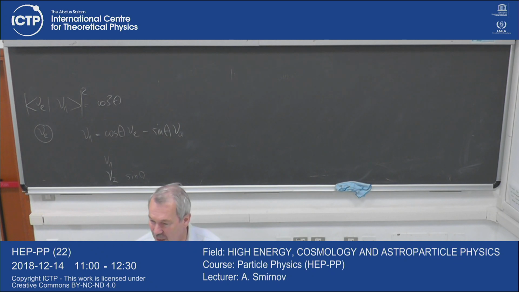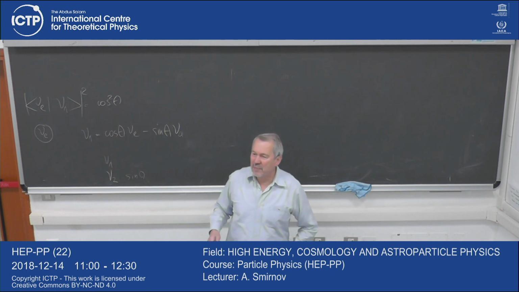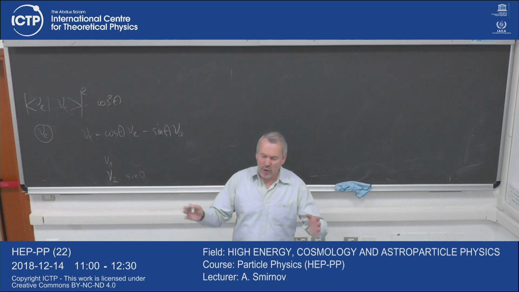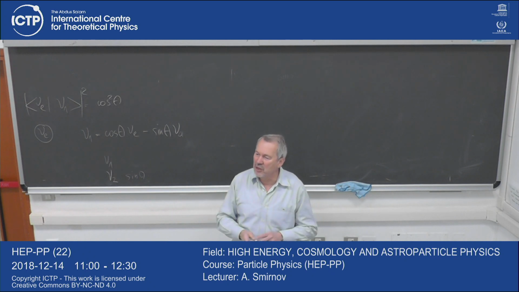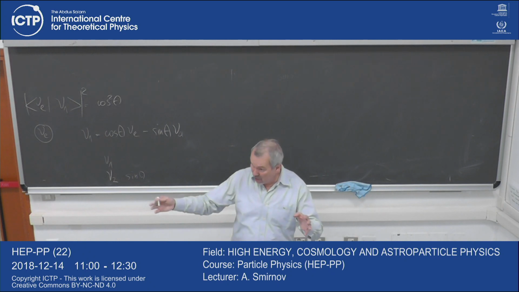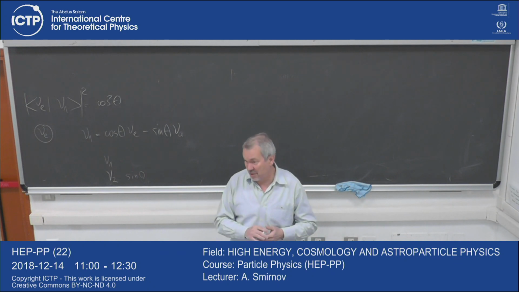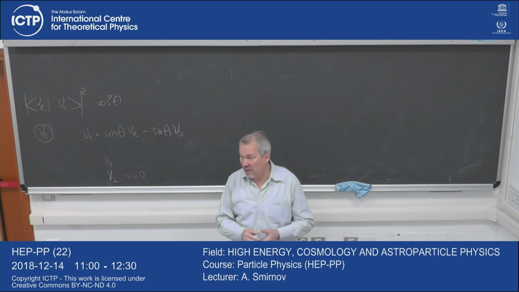That has some relevance if you have heavy neutrinos, and people are discussing that maybe there are some new neutrino states which are heavier, say 1 GeV. Certainly these neutrinos will not be produced in beta decay, which means that you already produce only part of the state. So your electron neutrino, which is in your charged current or in your Lagrangian, actually has this heavier component, but it is not produced in beta decay.